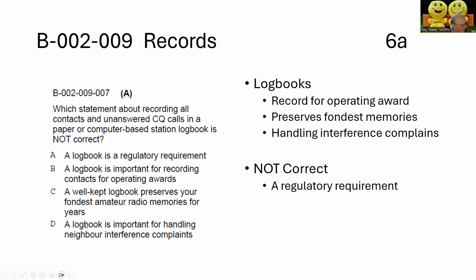That's true. A logbook is important for handling neighbor interference complaints. Yes, that's true. So the incorrect answer is A, a logbook is a regulatory requirement. It was a requirement many years back, but now it's no longer a regulatory requirement.